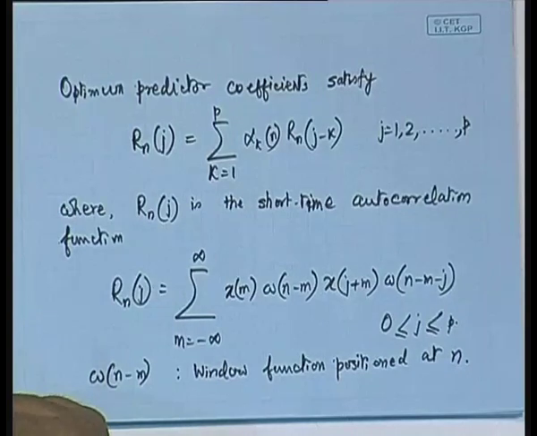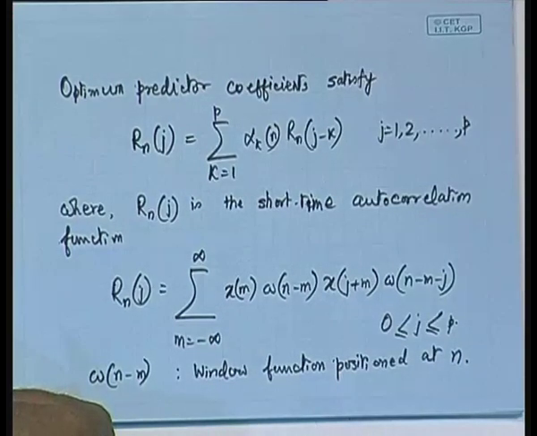But since it is a short time autocorrelation function, how frequently are we going to estimate these values of alpha? Are we going to estimate too frequently? Because short time analysis means every short time analysis should lead to some values of alpha, and then again in the next frame we are going to alter that.